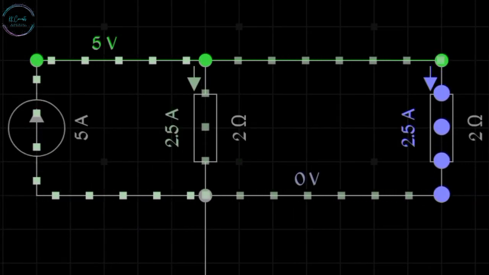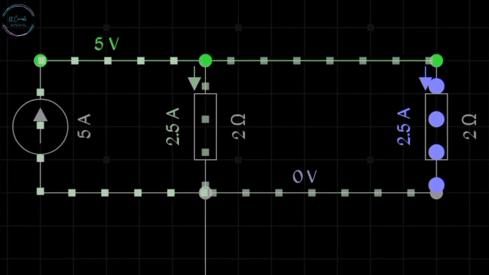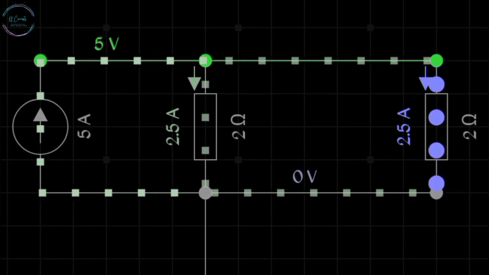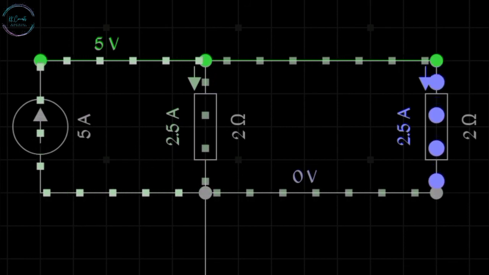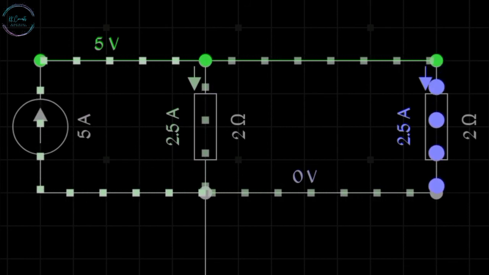After source transformation from the practical voltage source to the practical current source, here you can see the 2.5 amps of load current for the load resistance 2 ohms and internal resistance 2 ohms. The total current source is 5 amps, which we found from the practical voltage source, that Is equals 5 amps.